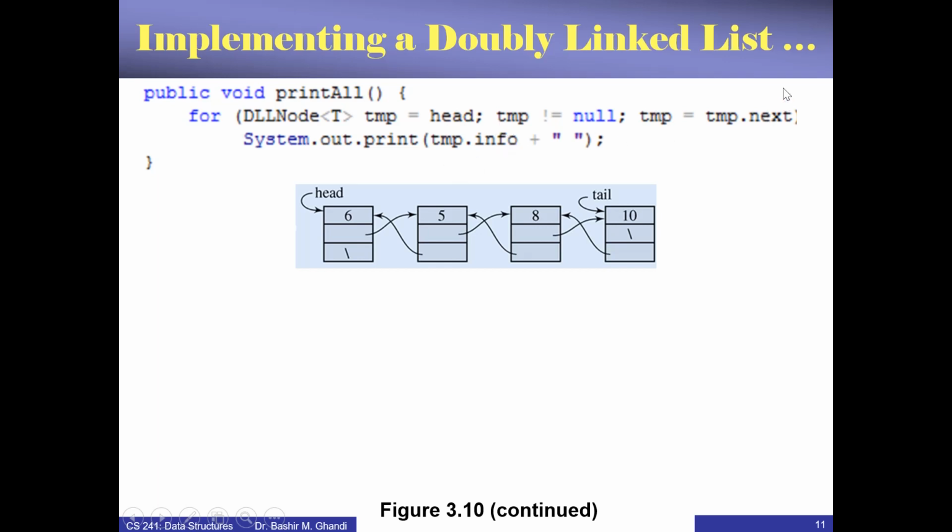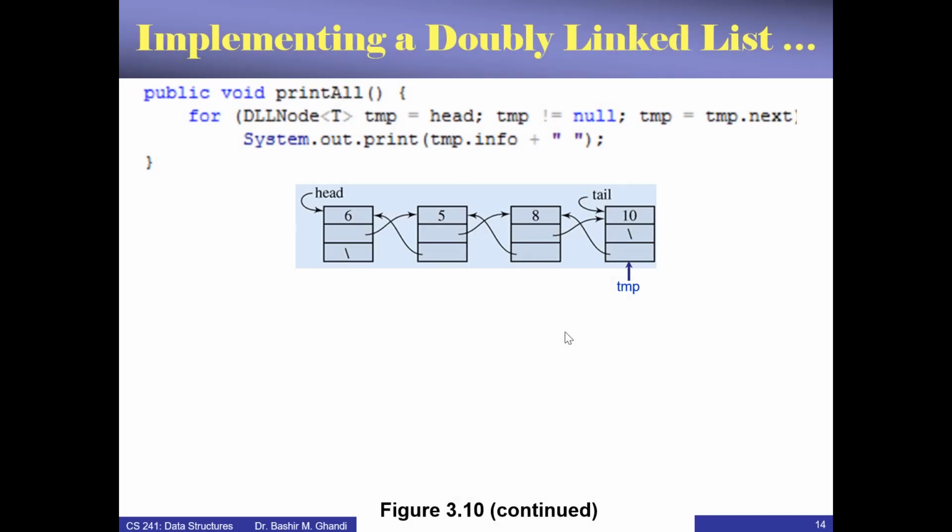to the next. So initially temp will be pointed to the first node. We will print the 6, then update temp to temp.next, so it will point to the second node, print temp.info, which is 5, and so on and so forth.